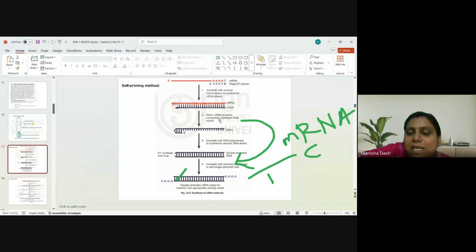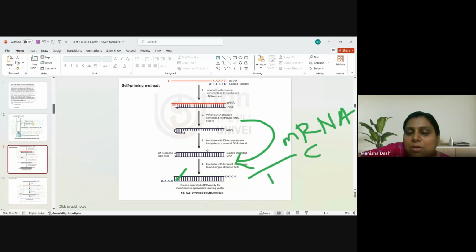When the cDNA strand is completed, you need to separate the DNA-RNA hybrid, because this part of the strand is RNA and the rest is DNA. You need to hydrolyze or simply remove the RNA strand. Since it has an open 3' end, it can form a loop kind of structure and continue the synthesis complementary to the existing cDNA.